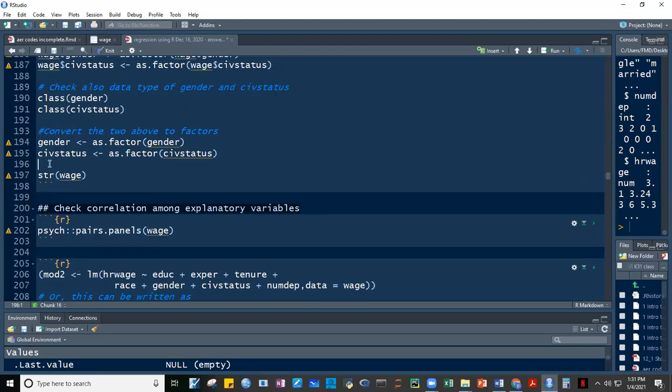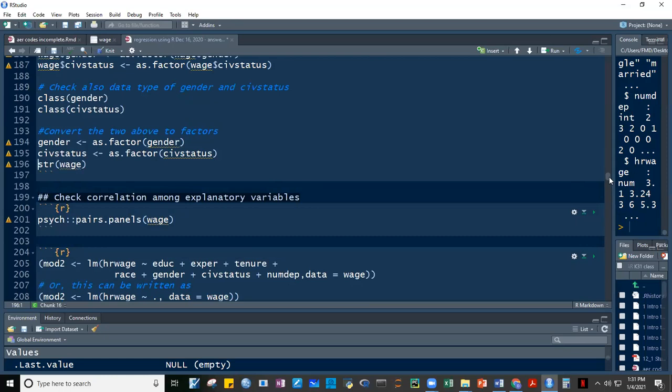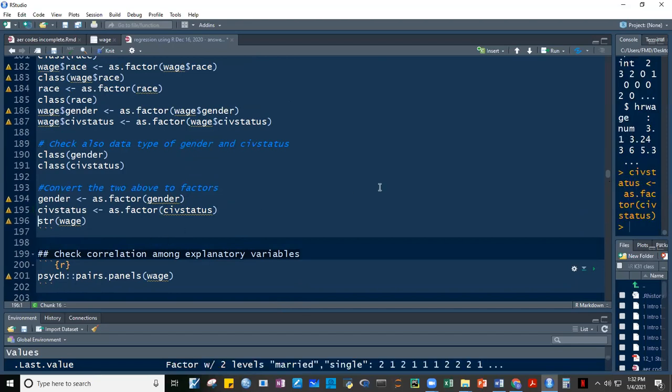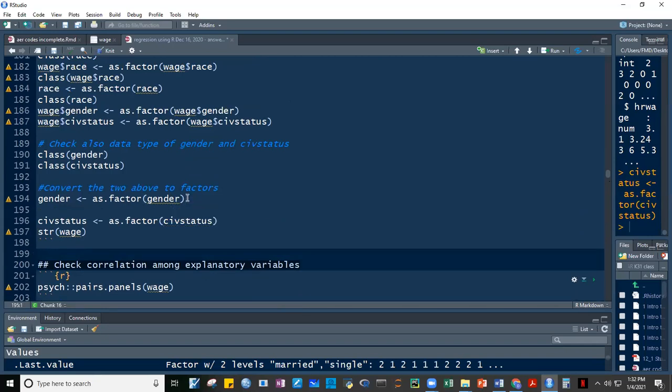Okay, so dapat na siya, factor na siya. Sa inyo guys, okay na? Nag-factor na si gender at saka si civil status? We should be okay already kasi si gender, oops, ayaw nito. Enter. What am I doing wrong?